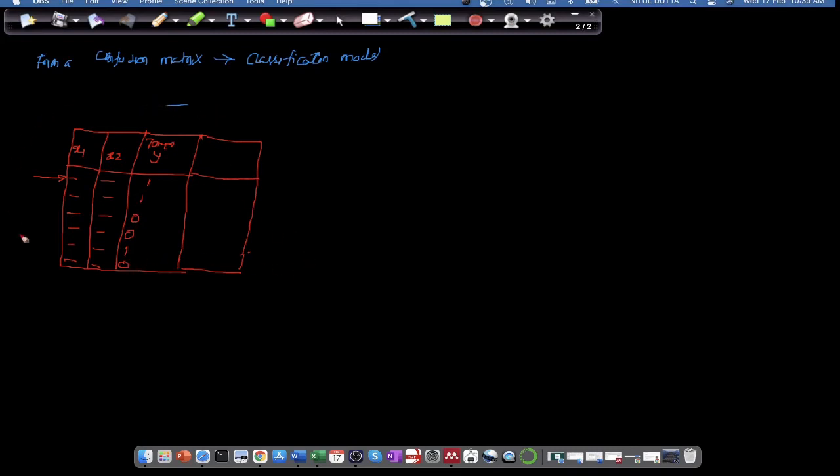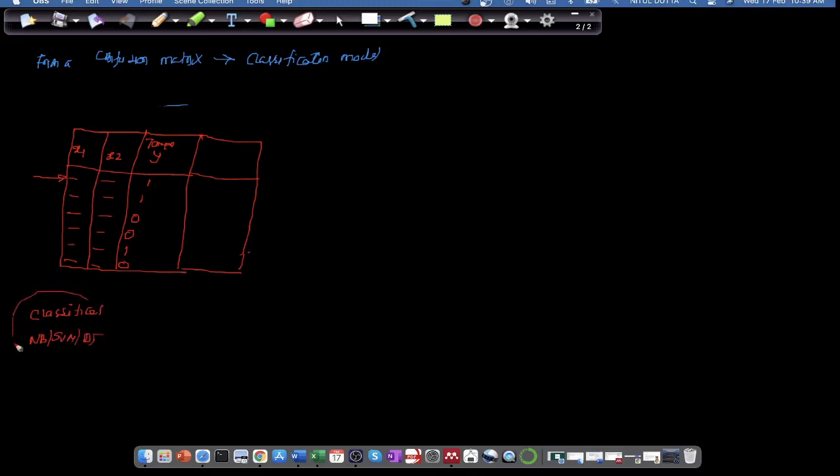Based on the given data, suppose we are using a classification model, any classification model, maybe naive Bayes, maybe support vector machine, maybe decision tree.